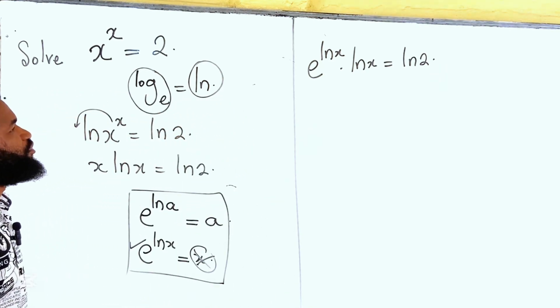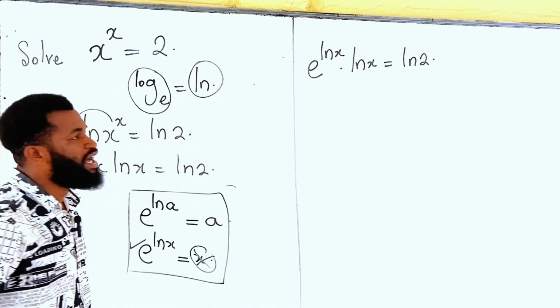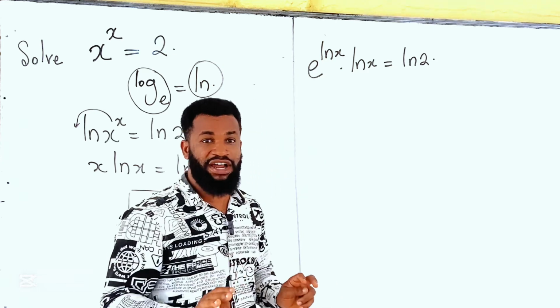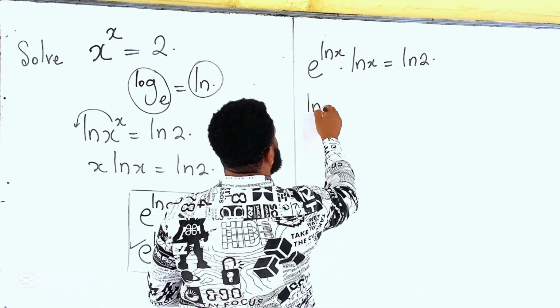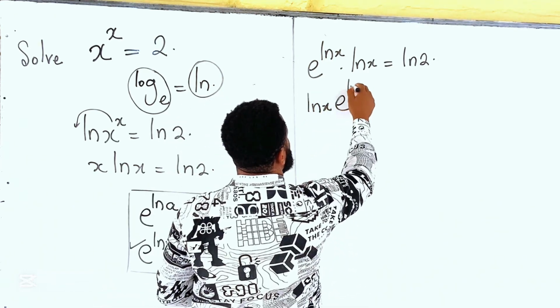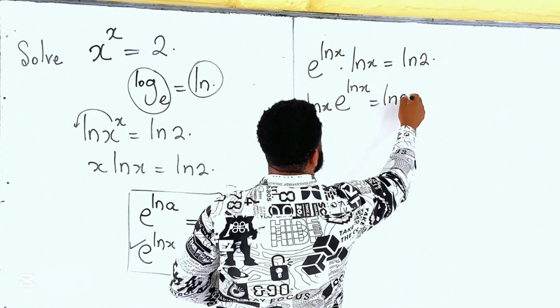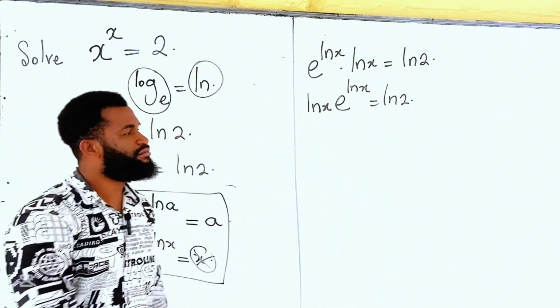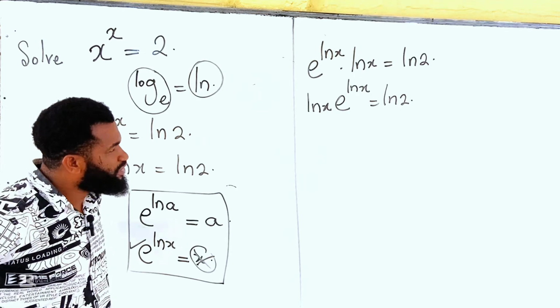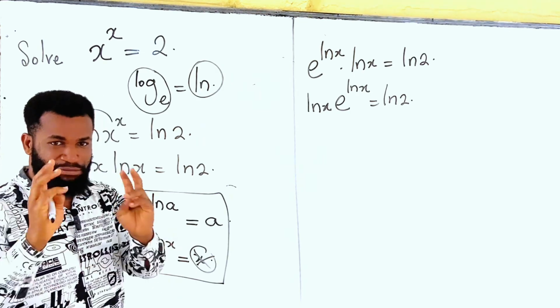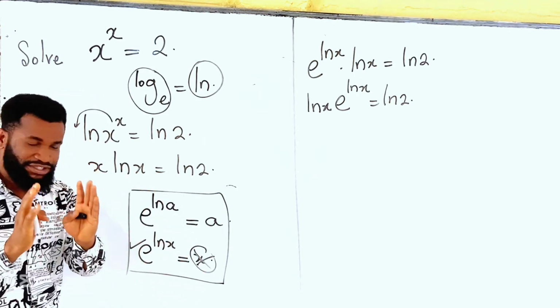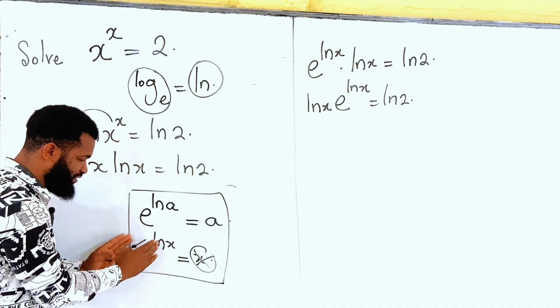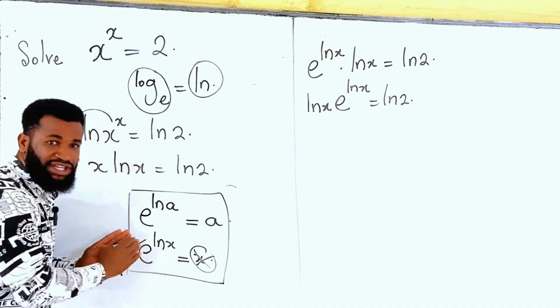Now I'm going to rewrite it in the general format. I'm going to have ln x times e to the power ln x, which is equal to ln 2. At this point, I have arrived at what I've been looking for, and that was the reason I brought in ln x times e to the power of ln x.